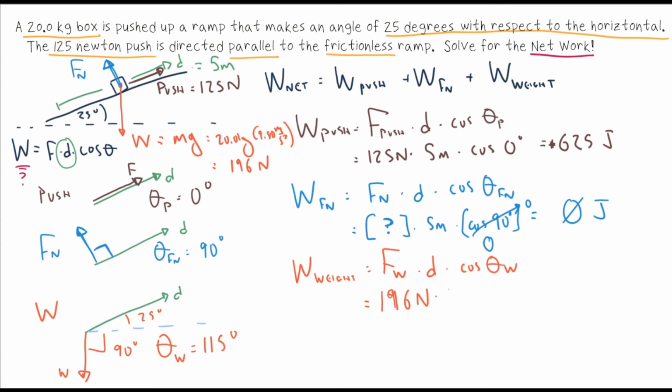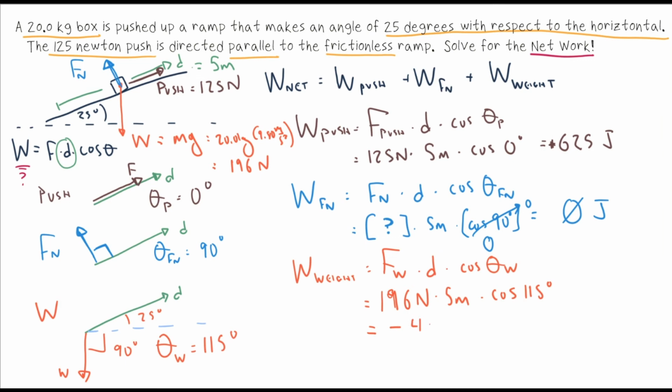The displacement is still 5 meters. And the cosine of the angle between the weight and displacement vectors is 115 degrees. And this guy right here is where the negative sign pops out. The angle is greater than 90 degrees, so we end up getting a negative value. So when you take the cosine of 115 times 5 times 196, you plug all those in your calculator, you actually end up with a negative value.